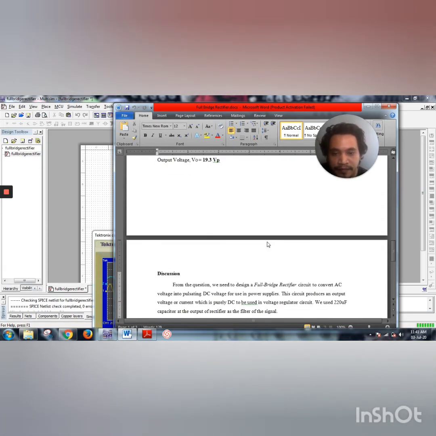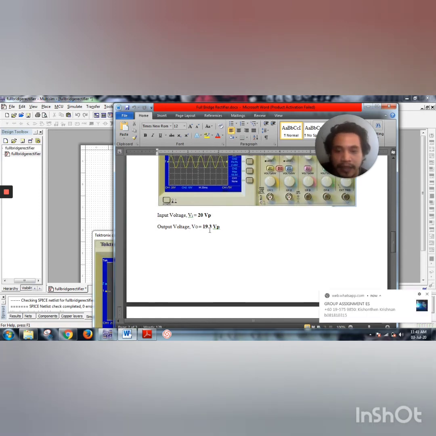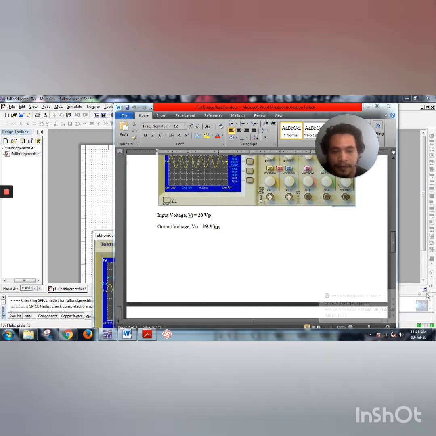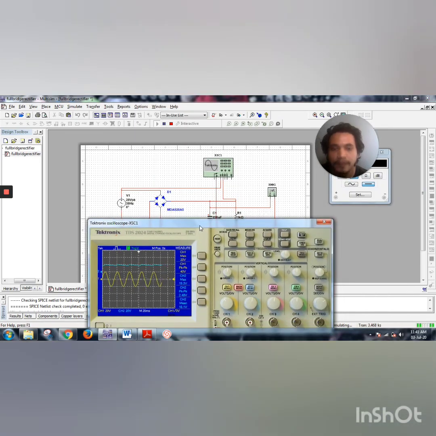The input voltage is 20 volt peak, and the output voltage is 19.3 volt peak. So that's all. Thanks.